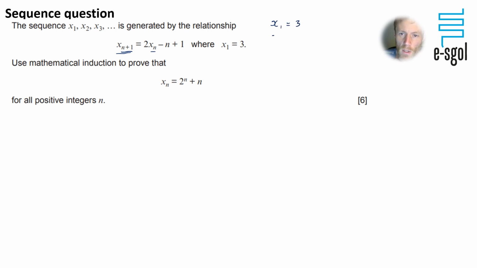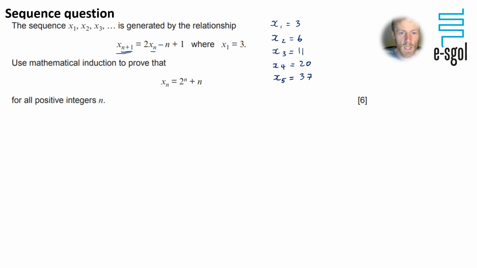And sometimes it's quite interesting just to do that. I've worked them out, I've got them written down here. So we've got x2 we worked out as 6, x3 you can work out as 11, x4 we can work out as 20, and x5 is 37. Obviously you could keep going just to see what's going on with this sequence.